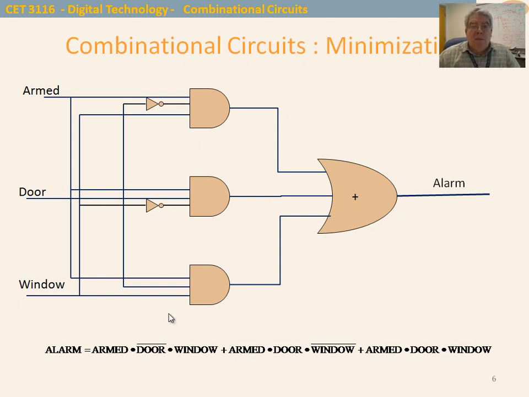In this case, I have the door closed, but the door is open in this case, the window is open in this case, and the window is closed in the other case. And in this case, both window and door are open and the alarm is active. Okay?